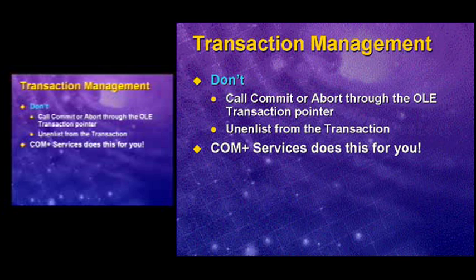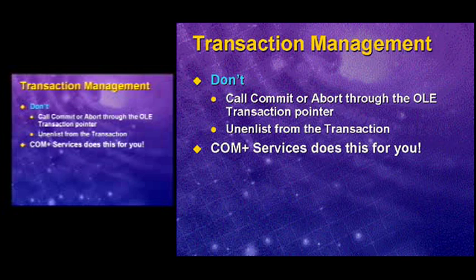I can manually call commit, and I can manually call abort. Don't do that. The COM+ runtime is going to do that for you. When you get to the root of the transaction, the component that's the root of the transaction, when that component gets to the end of its method call, COM+ will automatically go out and survey the objects that are out there.